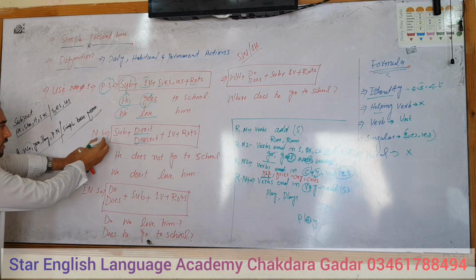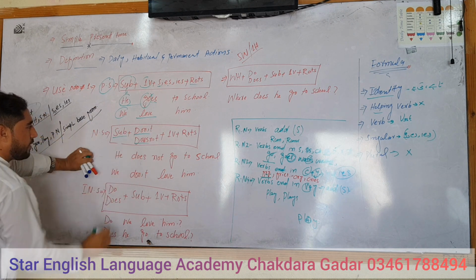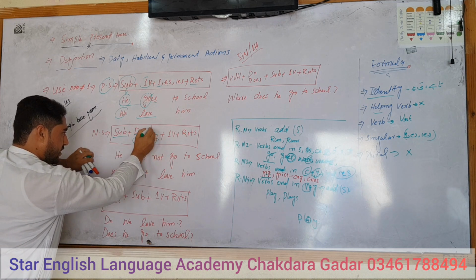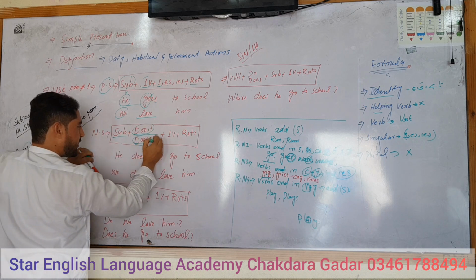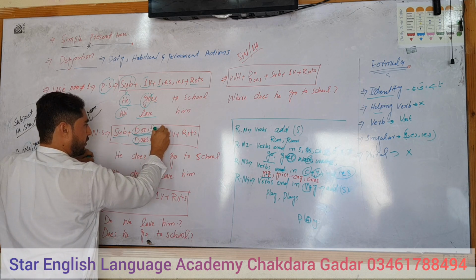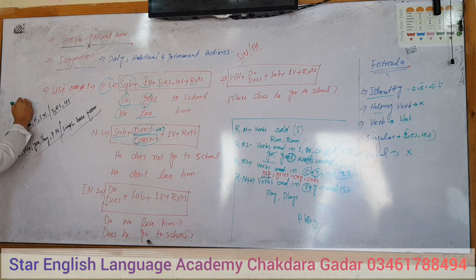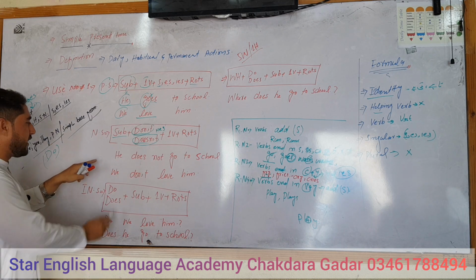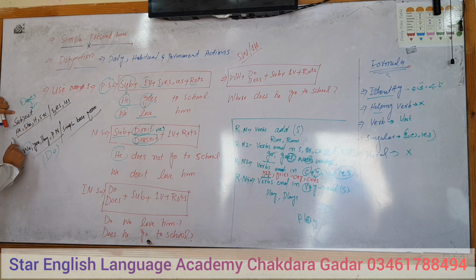So here don't and does are the helping verbs. Here you can see we have subject plus does or do not. Where will we use does, and where will we use do? If the subject is he, she, it or a singular noun, we will use does. And if the subject is I, we, you, they or plural nouns, we will use do.